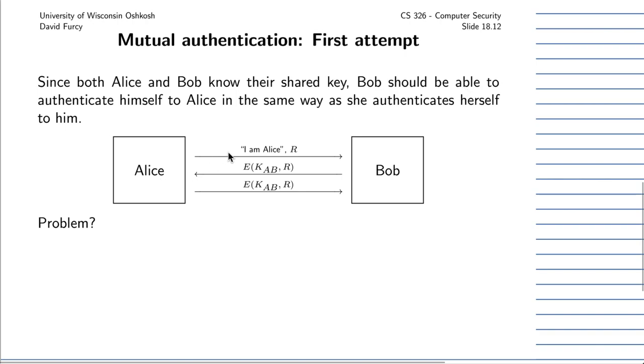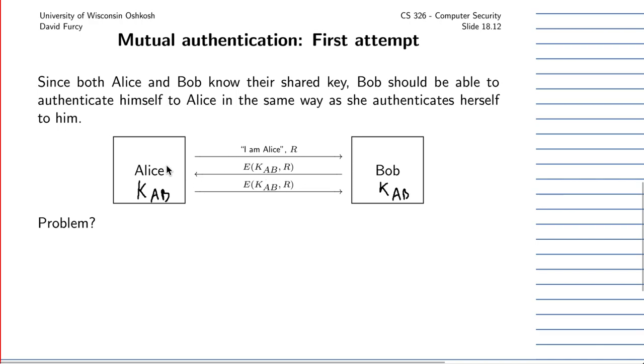Alice is going to send her identifier, and she's also right away going to send a random number or a nonce. And then remember that the assumption here is that both Alice and Bob know a symmetric key, and only they know that key. So Bob is going to be able to get the challenge that Alice sent him, encrypt it using the shared key and send that back to Alice.